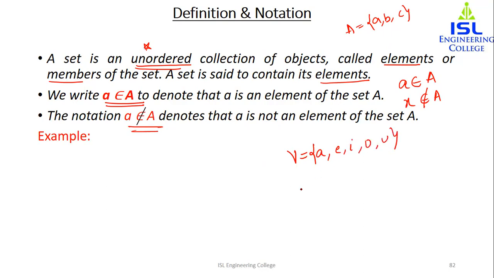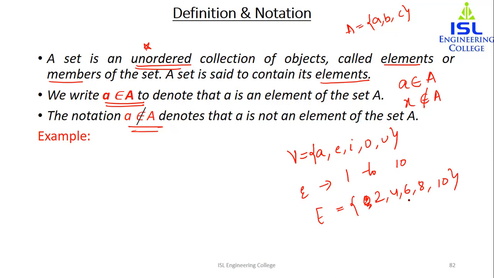What about the set of even numbers from 1 to 10? Let's denote it by the letter E. Whenever we are denoting a set, we use a capital letter. And here are the even numbers from 1 to 10: 2, 4, 6, 8, and 10.